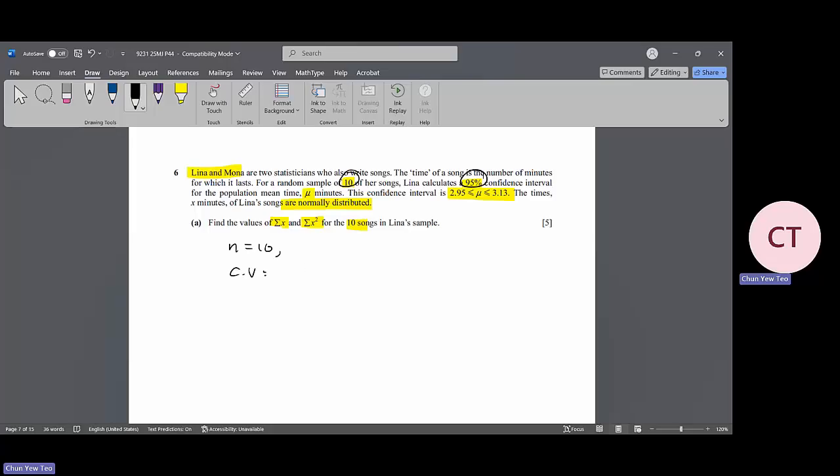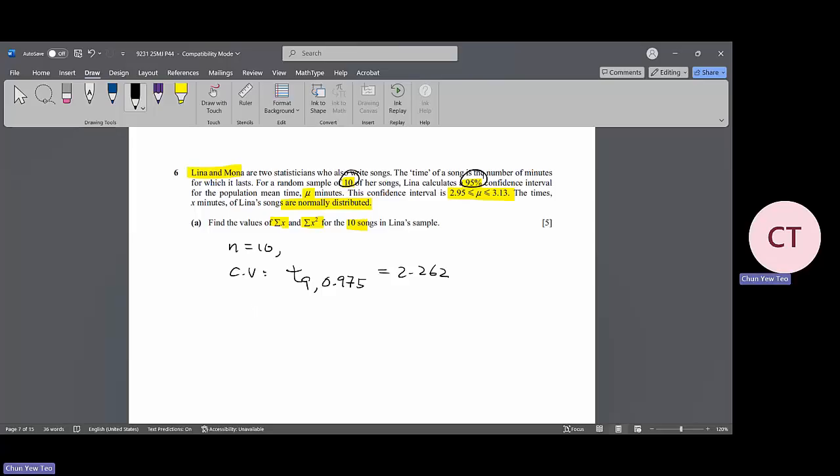The degrees of freedom is 9 because 10 minus 1. The confidence level corresponds to 97.5%. From the table, you will get 2.262.